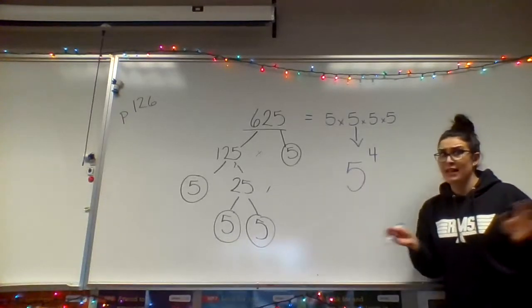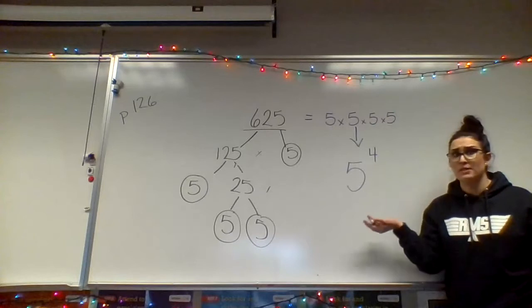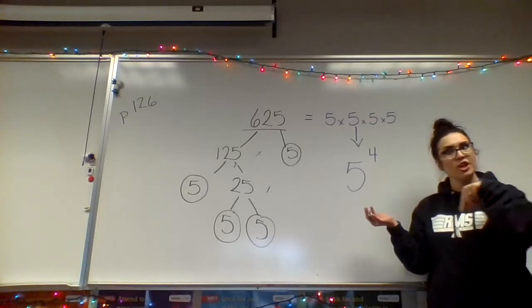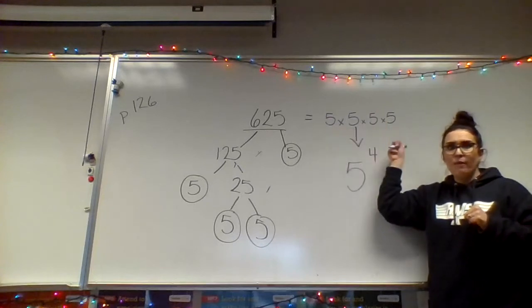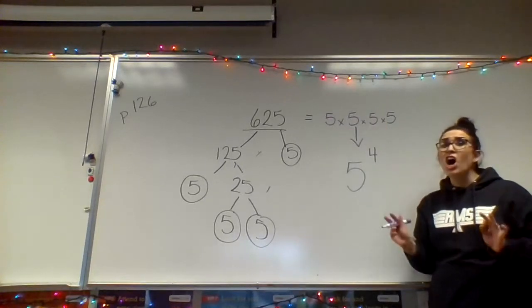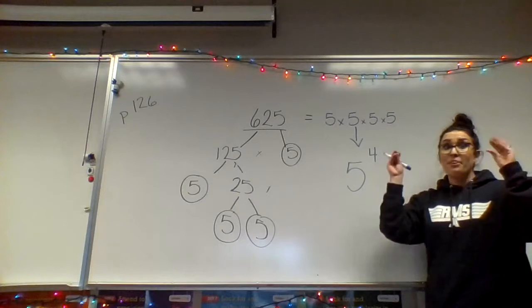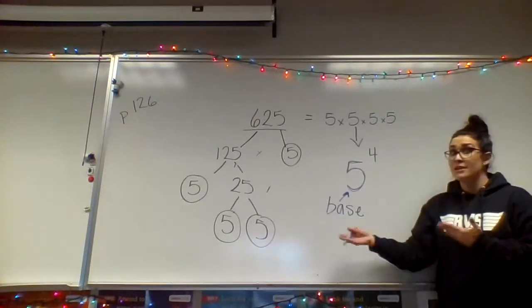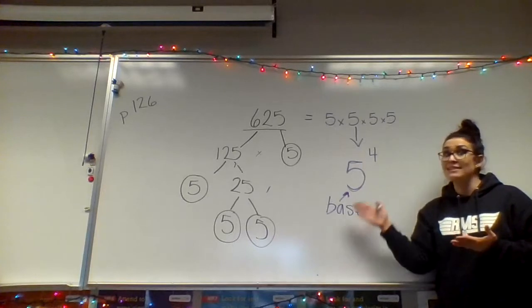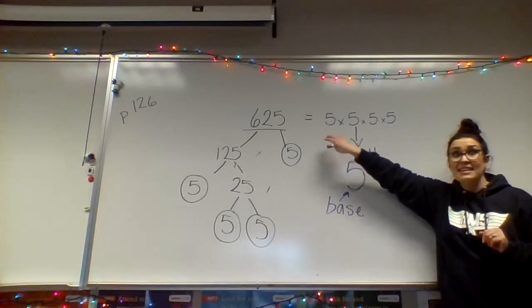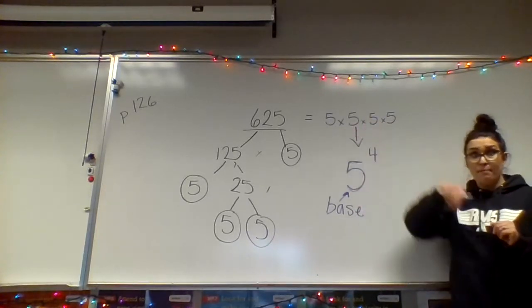So maybe you're wondering, how in the world can you represent that using exponents? That's a great question. The 5, the number that's repeating, the number that I'm multiplying a whole bunch of times, becomes our base. So in this example, the base is 5, because that is the number that I am multiplying by itself.